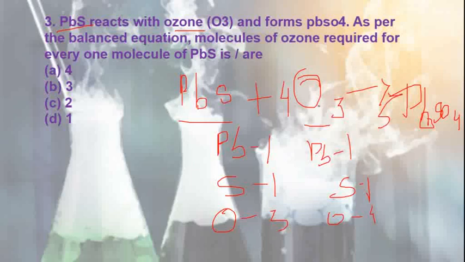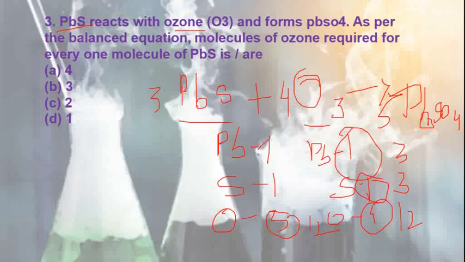You can observe here 3 O gets 12 and here also it gets 12, but Pb and S get changed, that is Pb becomes 3 and S becomes 3. So here we can write 3, so we will also get 3 and 3. So the chemical reaction is balanced.